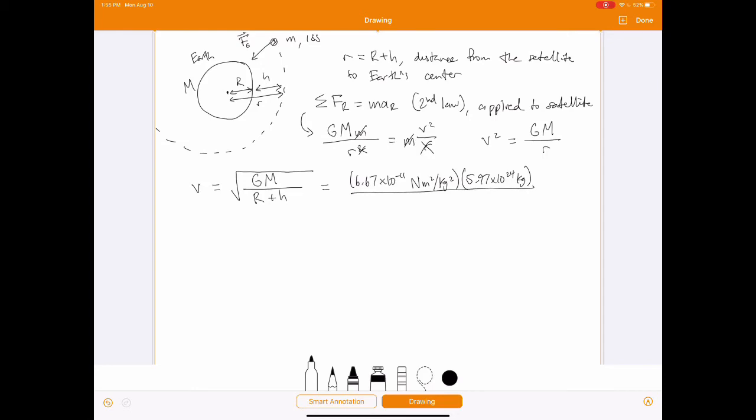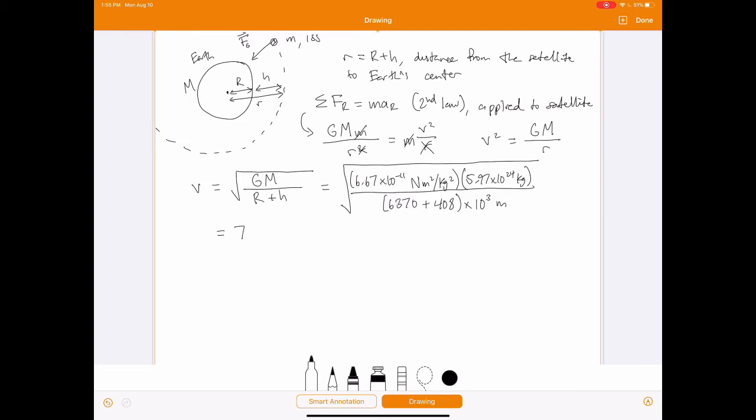And then we'll divide that by the radius of the Earth, which is 6,370, plus the height of the orbit, which is 408. By the way, this is in kilometers, okay? We don't want it in kilometers. We want this in meters. So to go from kilometers to meters, that's the same as multiplying by 10 to the 3, or 1,000. So square root all of that, and you'll get your answer.